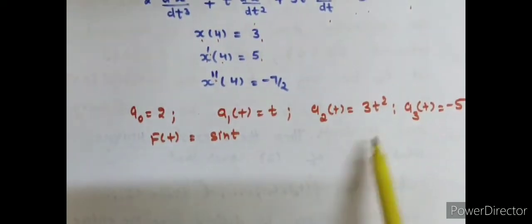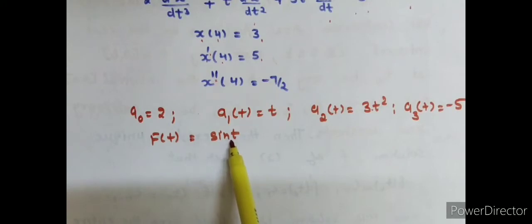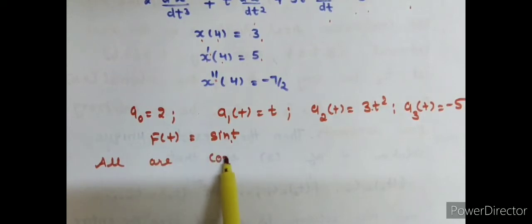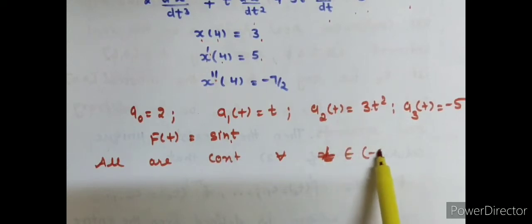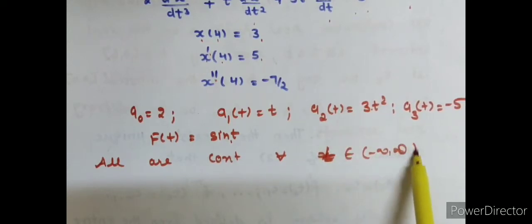As these are polynomials and this is a trigonometric function, all these are continuous functions for all values of t belonging to the interval minus infinity to infinity.